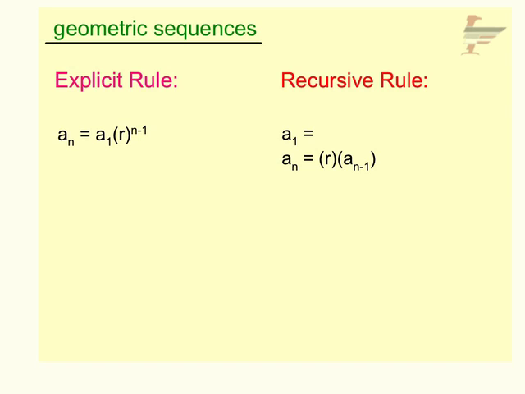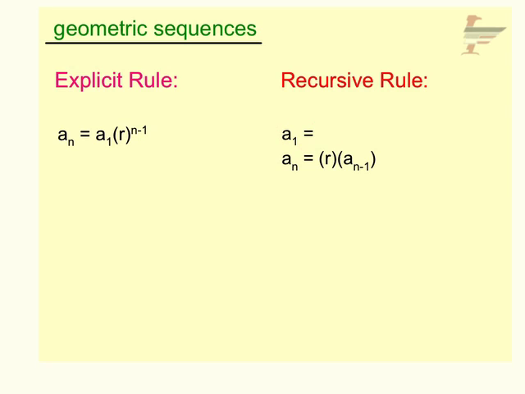Geometric sequences, just like the arithmetic, 2 types. You can have an explicit form or a recursive form. So the explicit, what you guys have worked a lot with so far, that's the a1 times your ratio raised to the n minus 1 power. Recursive rule, 2 parts to this.